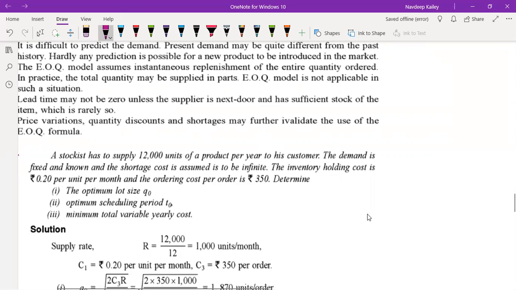Now we have the following details: the stockist has to supply 12,000 units of a product per year to his customer. That is, the rate R is given. If we convert this into per month, we divide by 12 and get 1,000 units per month.